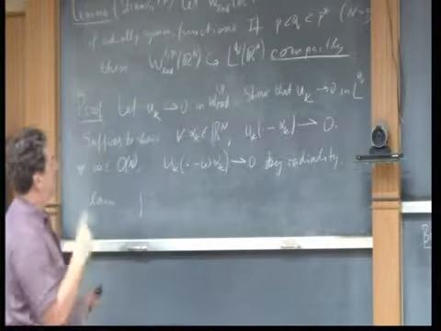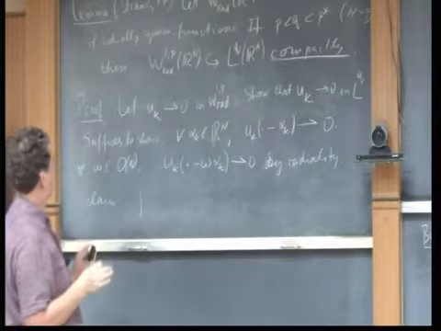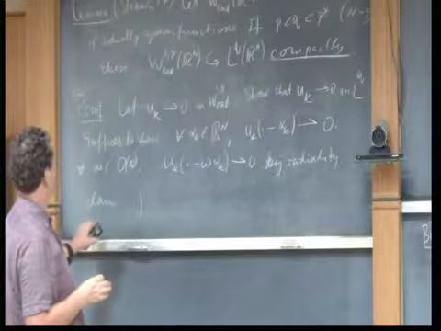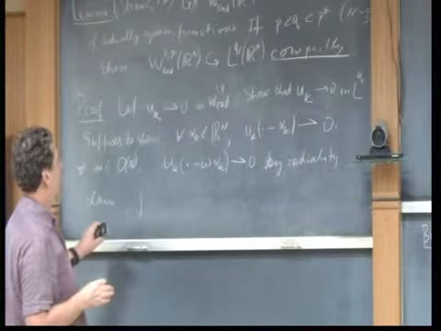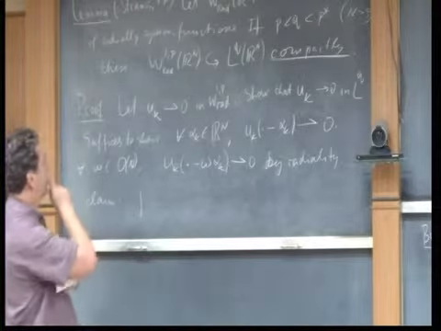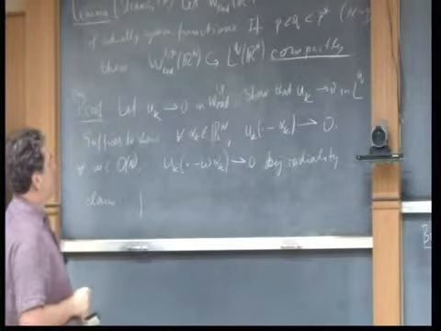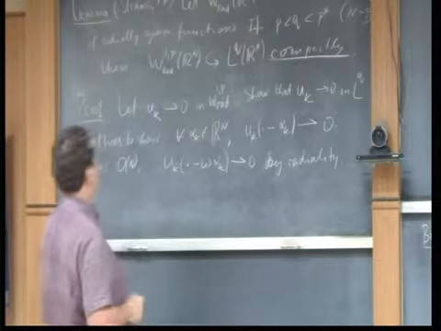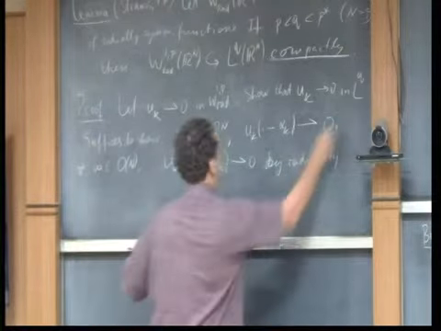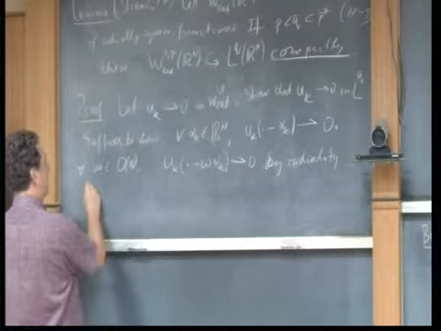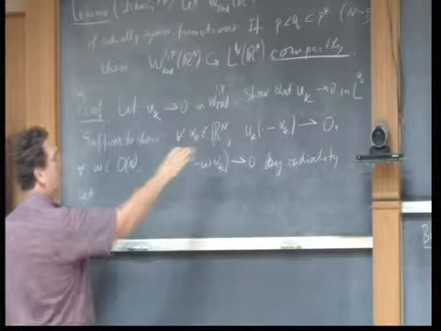Just a second. I don't want to assume that. Let me see what I want. Okay, so I put here a period, and again I would rather start differently. So let's assume this is not true.